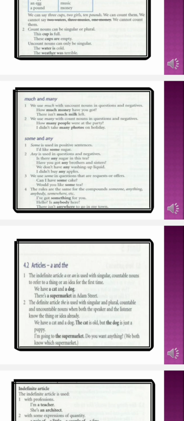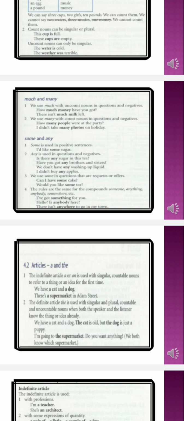Number 2, we use many with count nouns in questions and negatives. For example, how many people were at the party? I didn't take many photos on holiday.